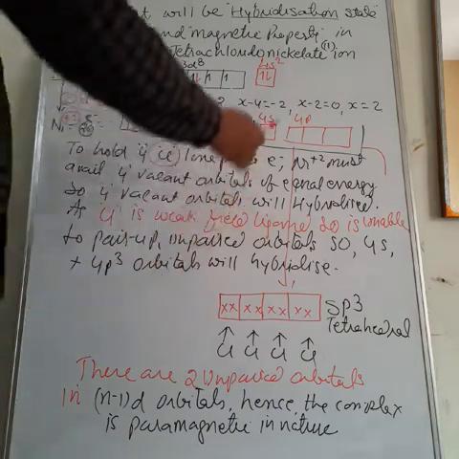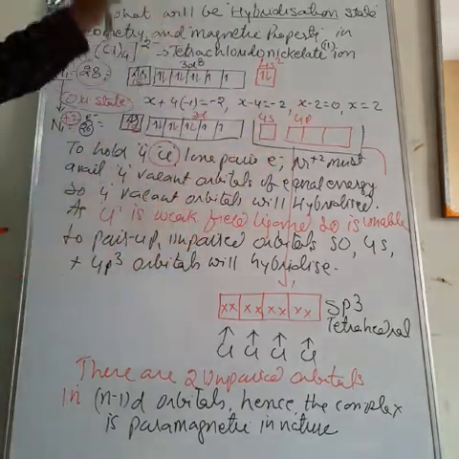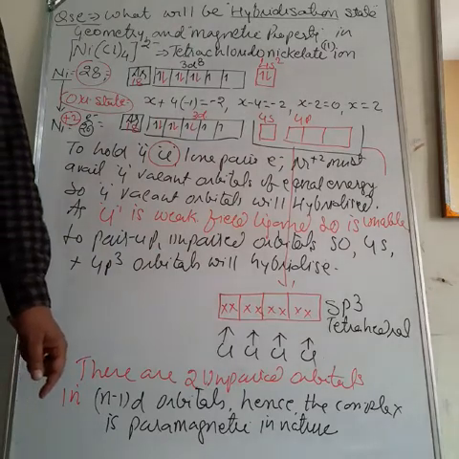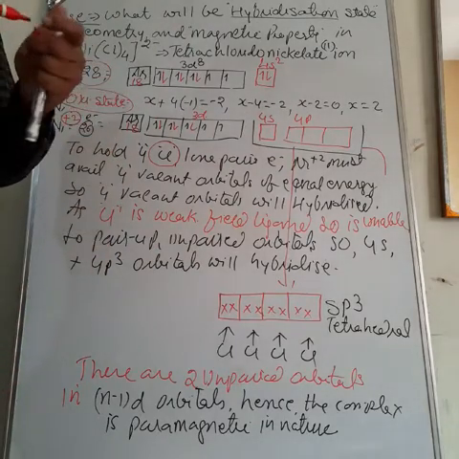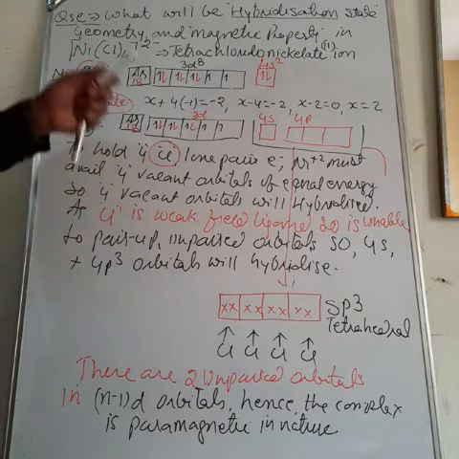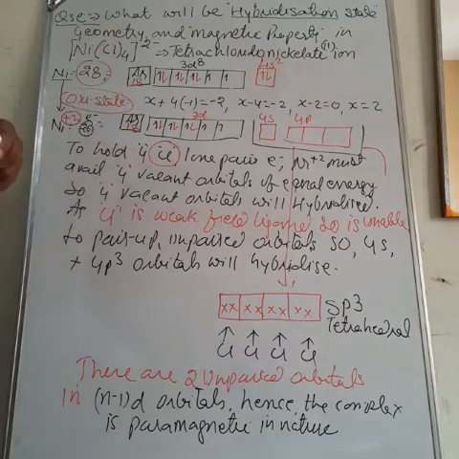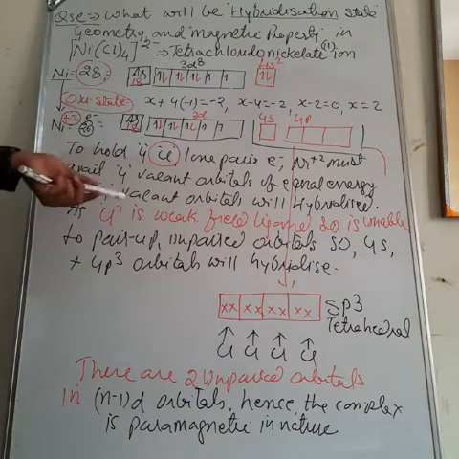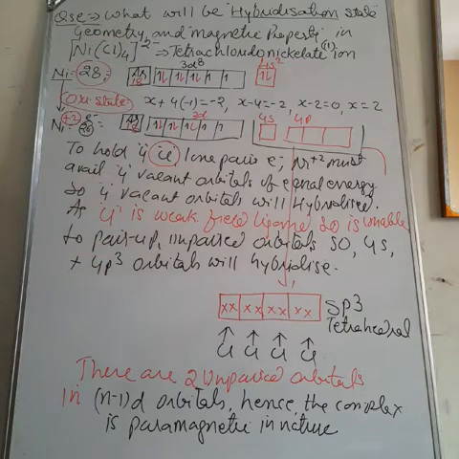The next one is the hybridization. Here only vacant orbitals are involved, unpaired orbitals are not. In 11th class valence bond theory we have seen that unpaired orbitals are involved, but here vacant orbitals are involved, because a lone pair can be gained only by a vacant orbital.